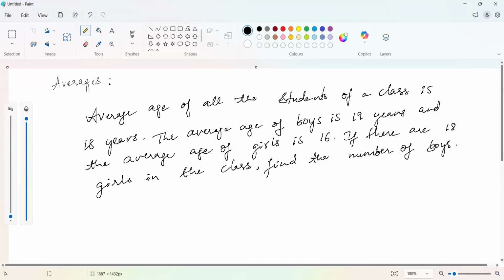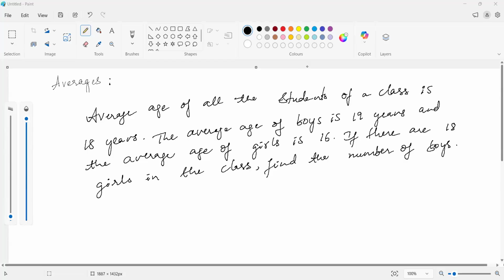So getting 18? 18 or 36? You should be getting 36.